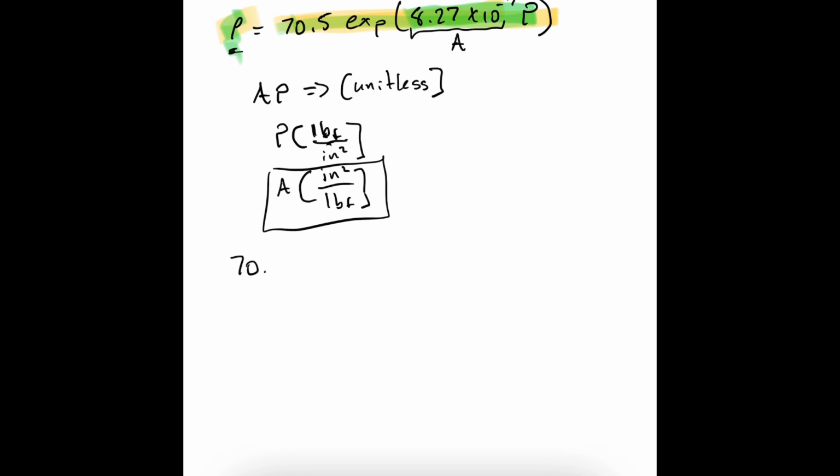Therefore, 70.5 has the same units as density, which is pounds mass per foot cubed. So that is the answer to part A.